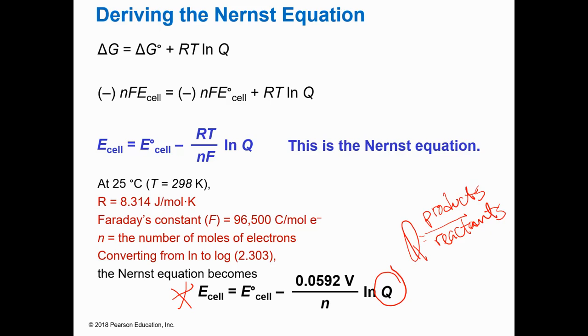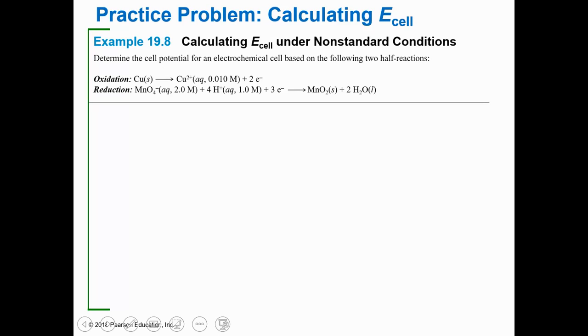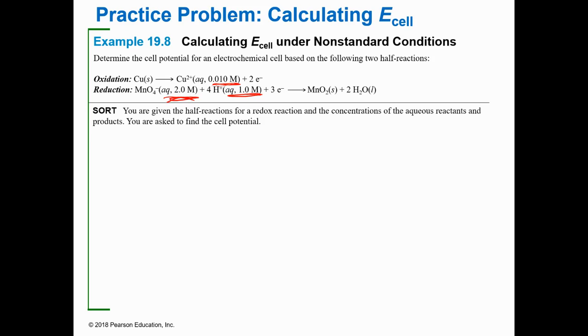Okay, and remember our temperature is in Kelvin, but it gave you all those values plugged in already. So here we're calculating it under non-standard conditions, and here are our values that are our not standard conditions. They're not 1. Do notice, though, that the H plus is 1.